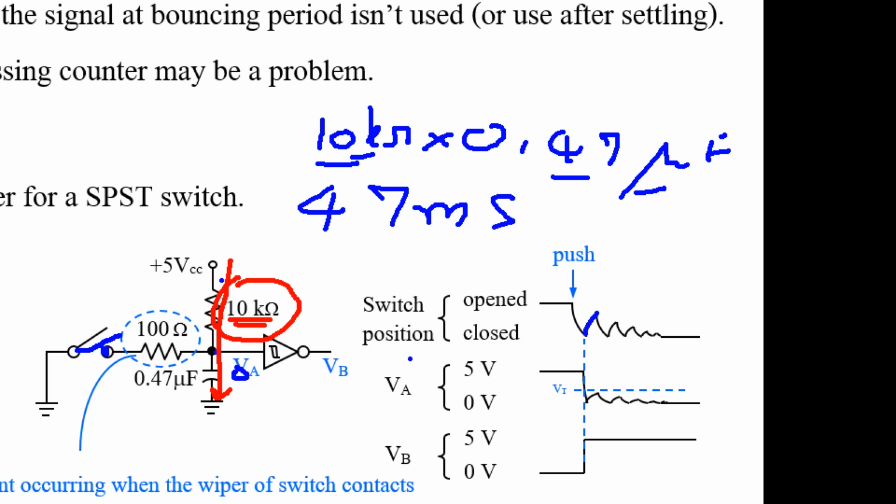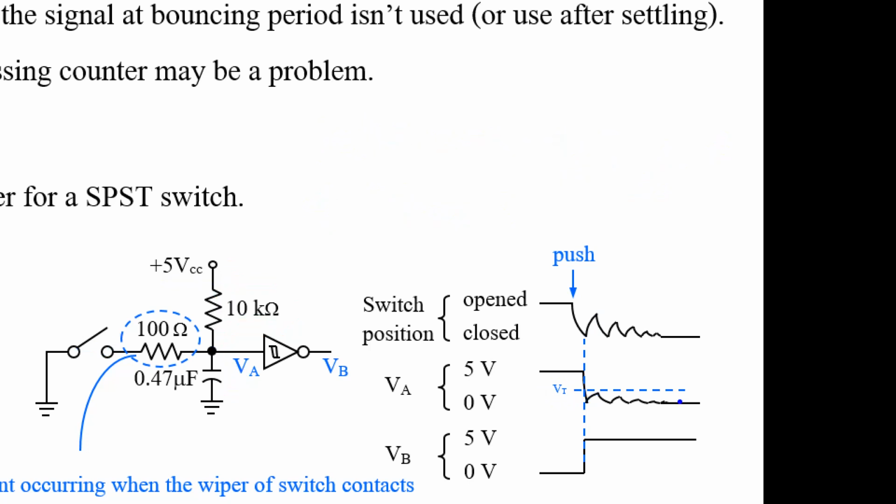It takes time. That means this point does not become 5 suddenly, but increases slowly, and before it's greater than the threshold voltage of logic low, the contact touches together again. So this point becomes 0 again.